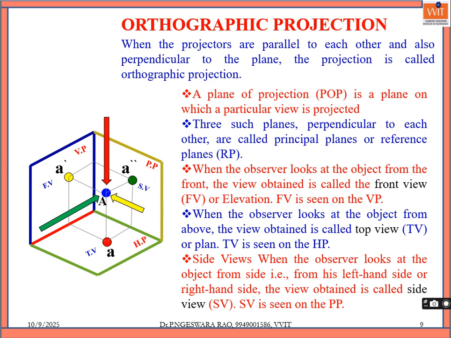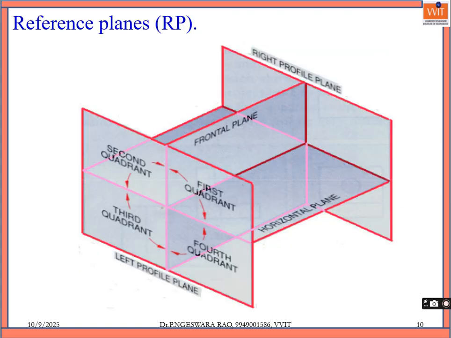From our point, these are the basic views we require. Of course, there are three more views, like rear view, bottom view, and left or right side view. These are the reference planes.